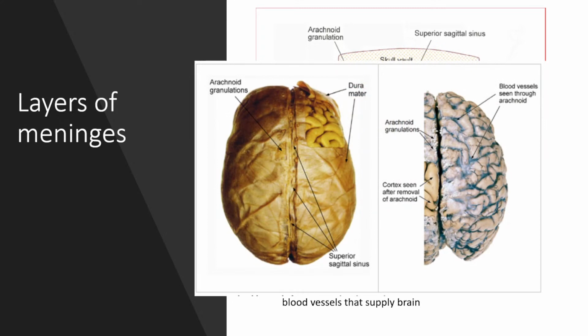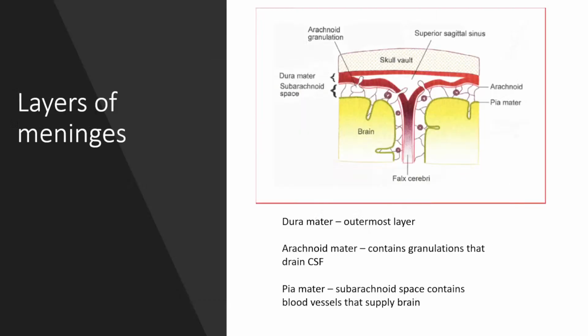It's a thinner layer, and these granulations pass through the dura into the venous sinuses, and they help drain the CSF. Then we have the pia mater. So the pia mater is right here, this area, and it's closely adhered and surrounding the brain.